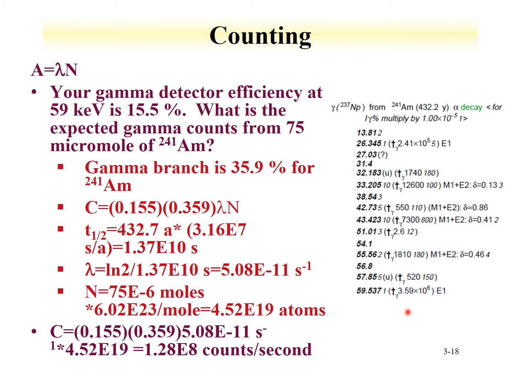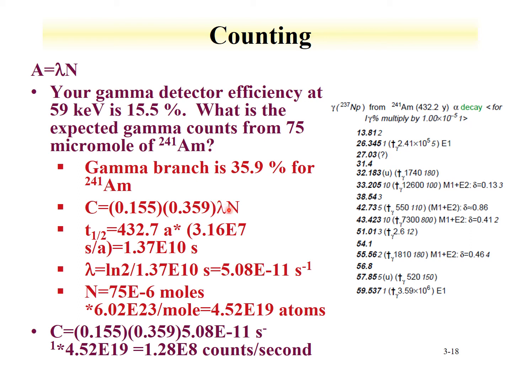So 35.9% is my gamma branch. So I need to take my detector efficiency, multiply it by the gamma branching. In other words, for every time americium decays, 35.9% of the time this photon appears. When that photon appears, I only see it in the detector 15.5% of the time.